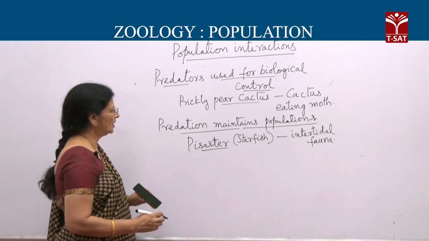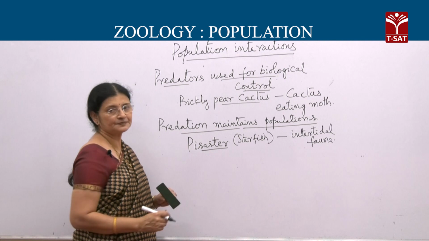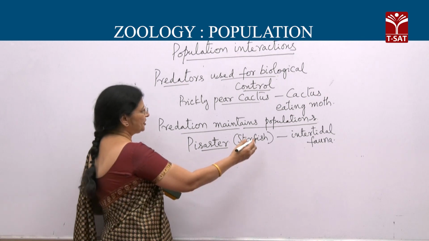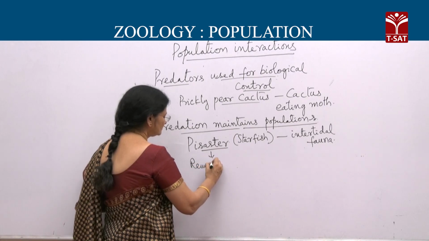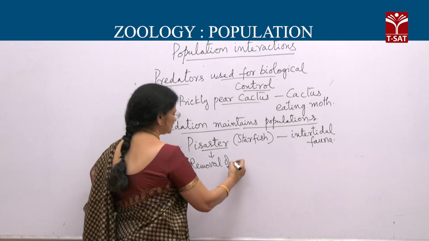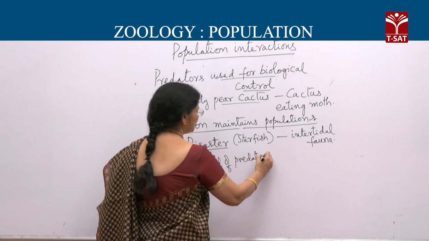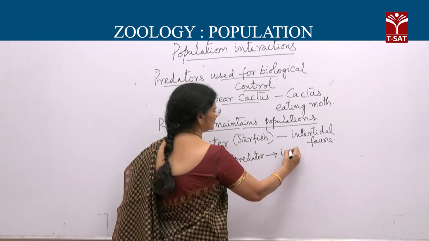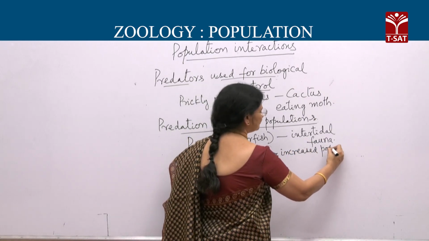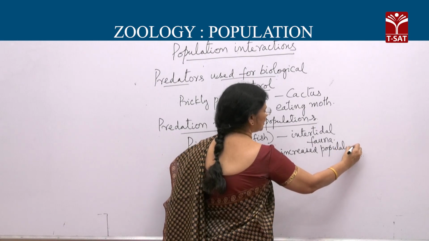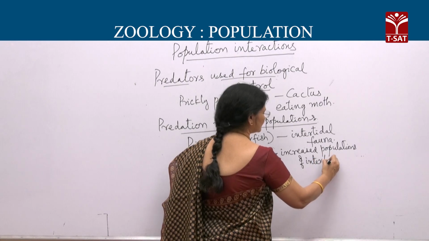Then experimentally, when they removed this starfish, competition increased. Removal of this predator increased the populations of intertidal fauna.